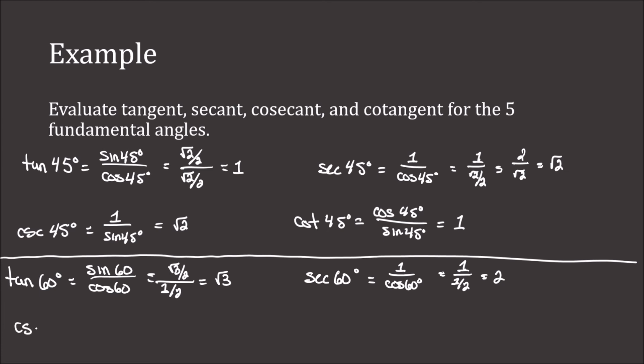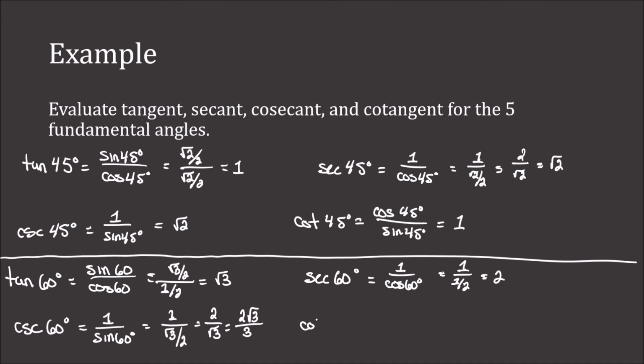The cosecant of 60 degrees, 1 over the sine of 60. So 1 over root 3 over 2, 2 over the square root of 3, or 2 root 3 over 3.